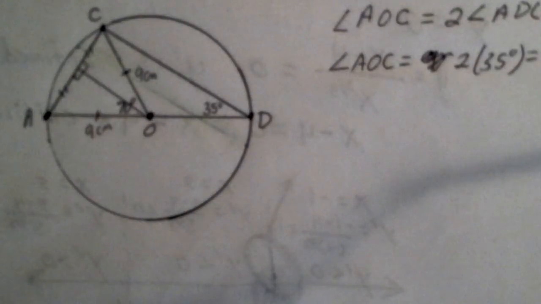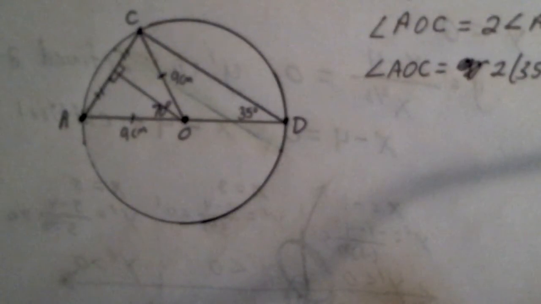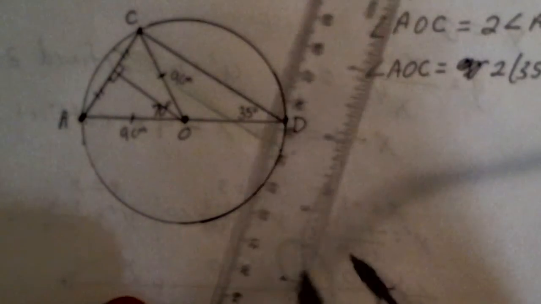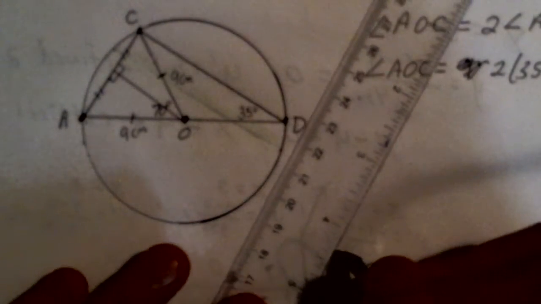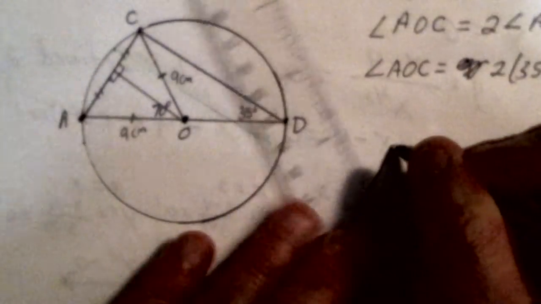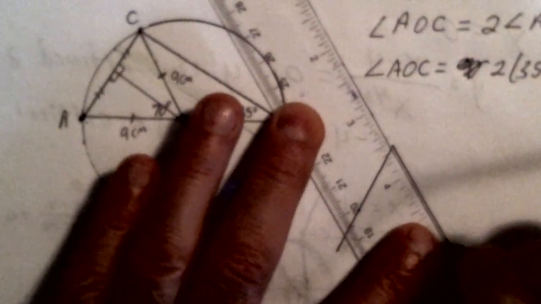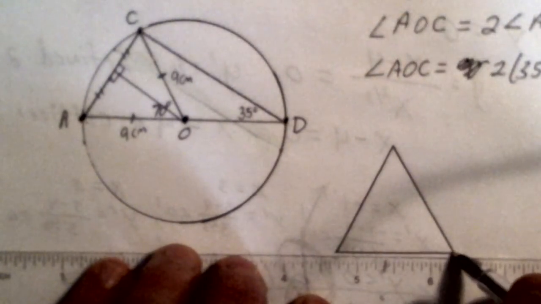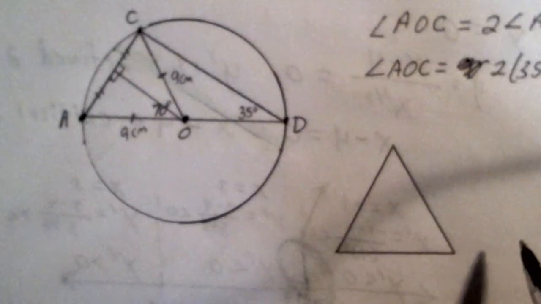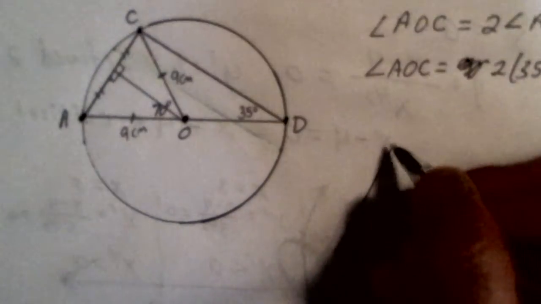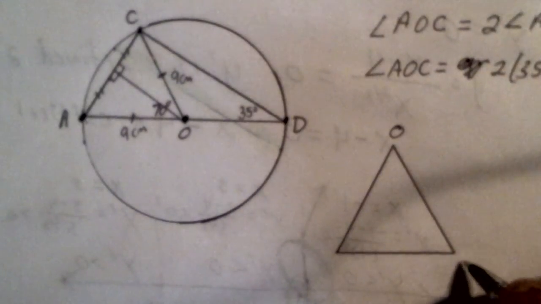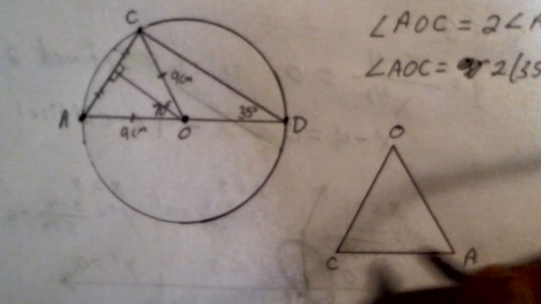To find those lengths, I'm going to pull this triangle out of this circle, and I'm going to put the triangle upright here so that we can better see it and work with it. So this is going to be the triangle AOC.